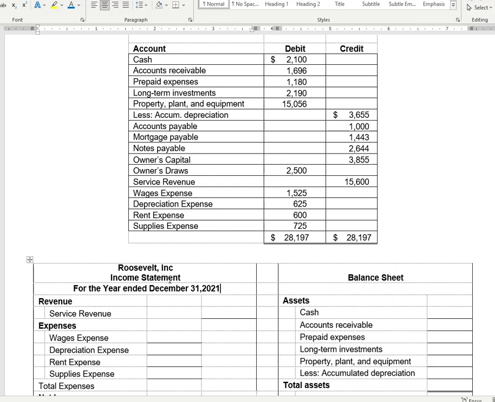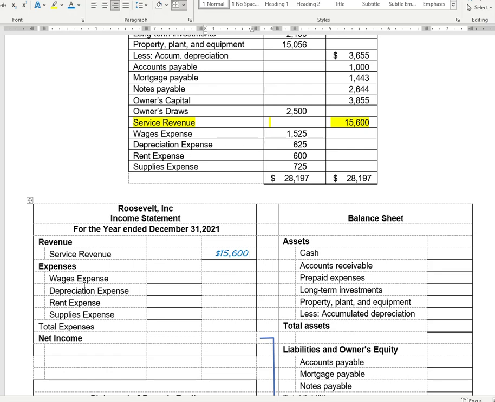So we prepare our income statement first, so that means we start with revenue. So here is our service revenue, $15,600. So we'll put that here, 15,600. And that's our only revenue account, so it goes out into the total column and we get a dollar sign.